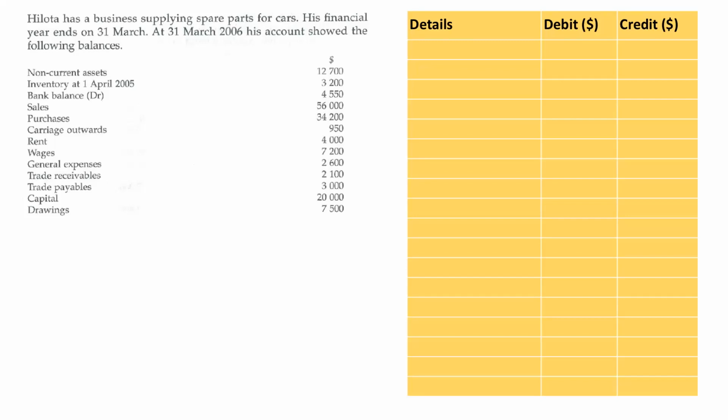Is there anything that you have to find out? There is no question mark. That means if everything is proper, your trial balance will agree. You should always know that the trial balance should start with a date.